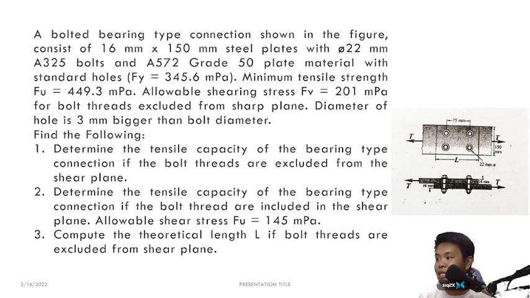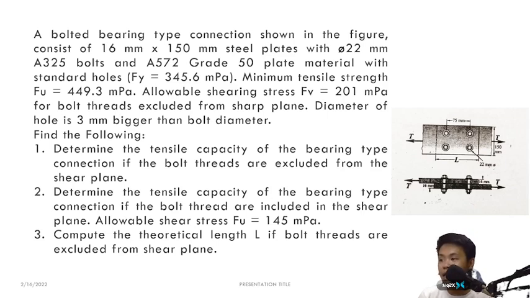Minimum tensile strength Fu is equal to 449.3 megapascal. Allowable shearing stress Fv is equal to 201 megapascal for bolt threads excluded from the shear plane. So find the following.